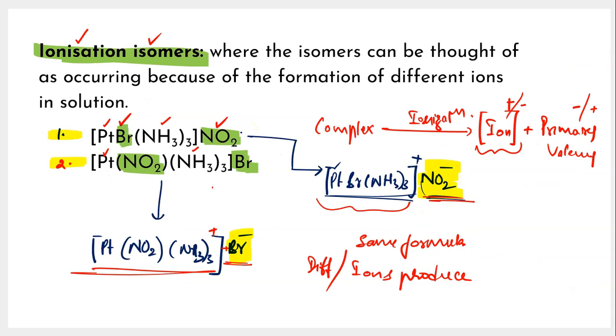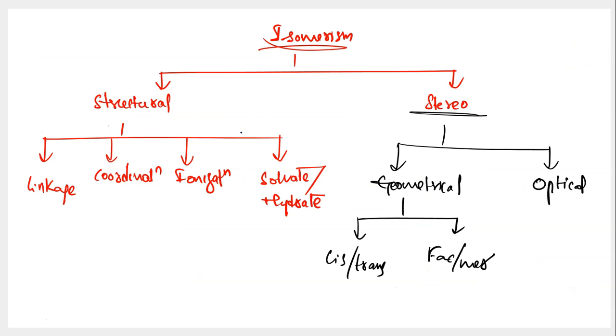Now let us quickly go back and check what we are talking about. We are working on isomerism of coordination compounds, and this can be of two types: structural isomerism and stereoisomerism. Structural isomerism is further classified into 4 types: linkage isomerism, coordination isomerism, ionization isomerism, and solvate or hydrate isomerism.